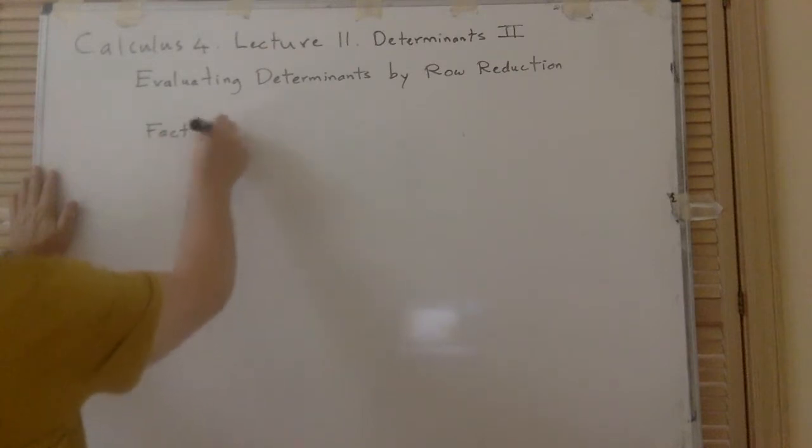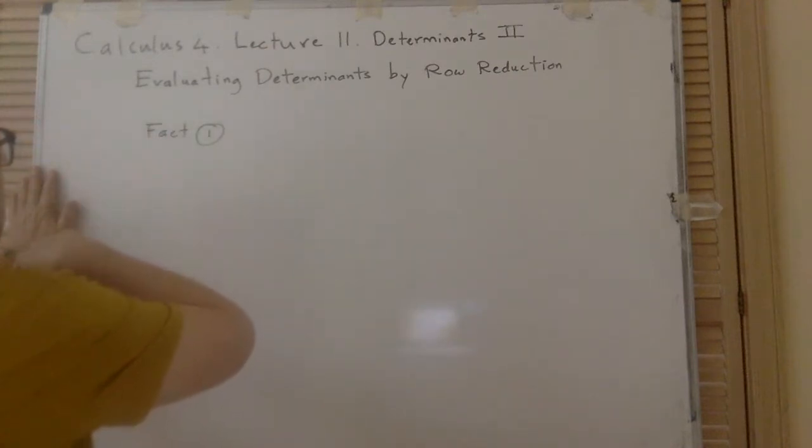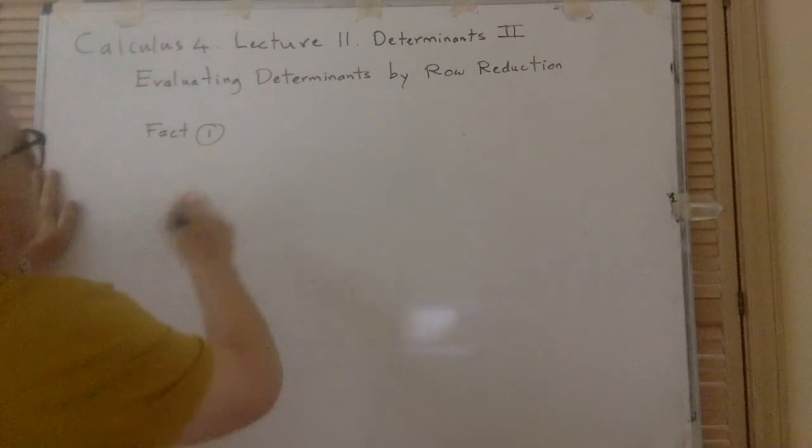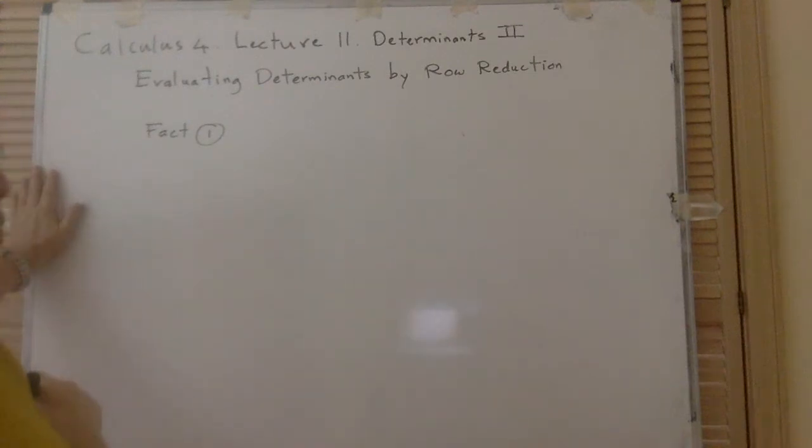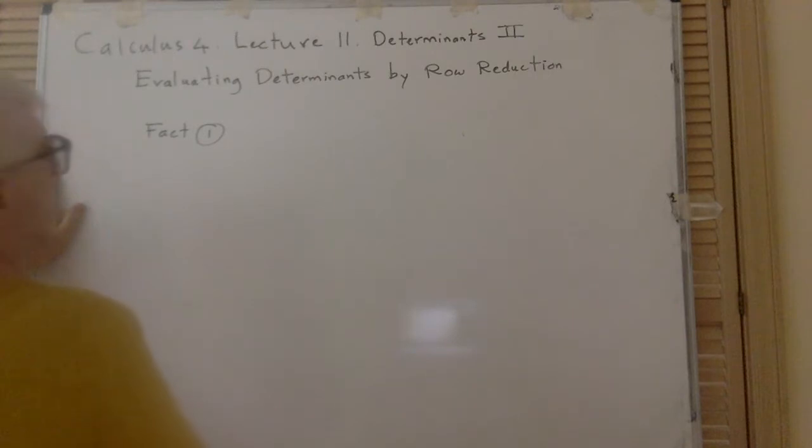Fact 1. Okay, what is fact 1? If I multiply one row of a matrix by some constant k, then the determinant is multiplied by k.